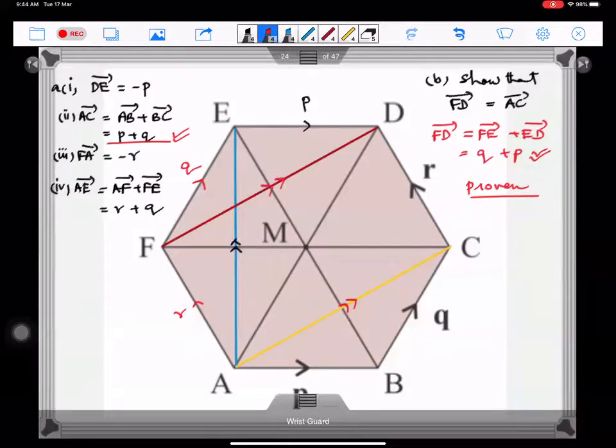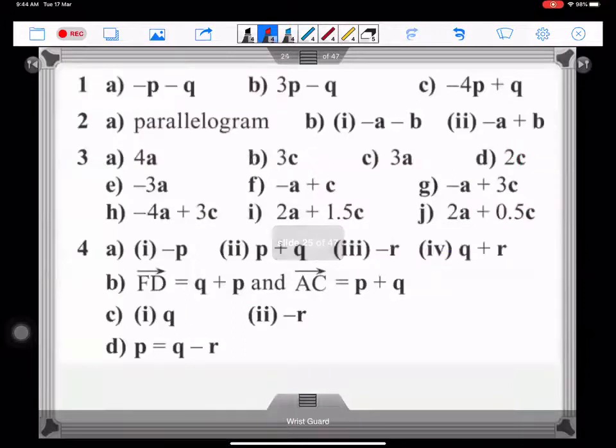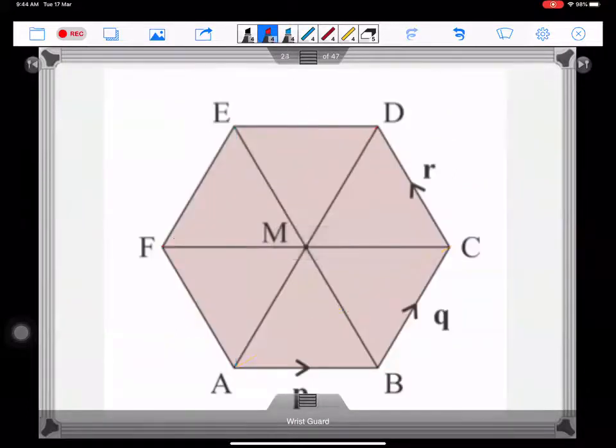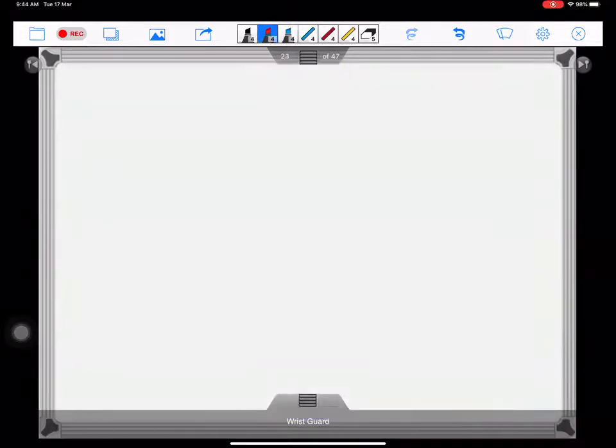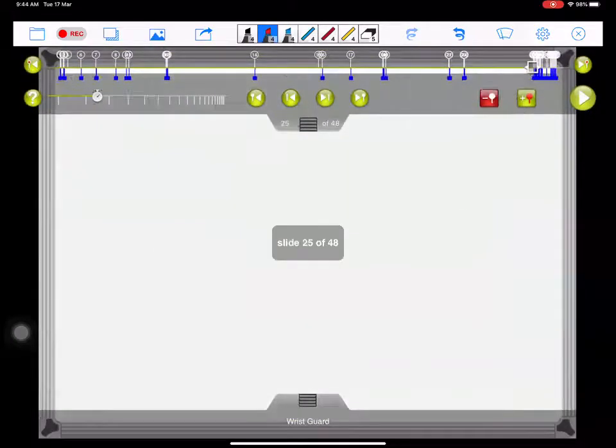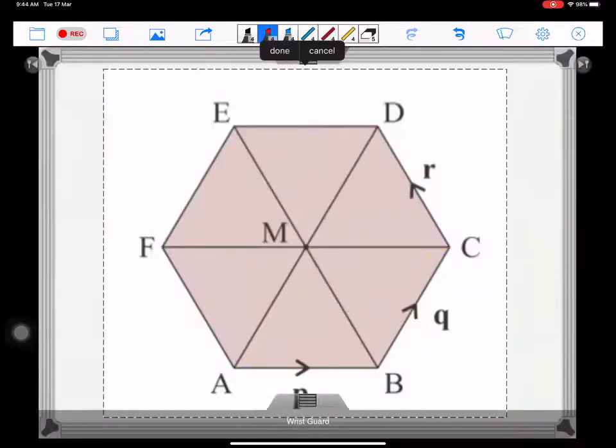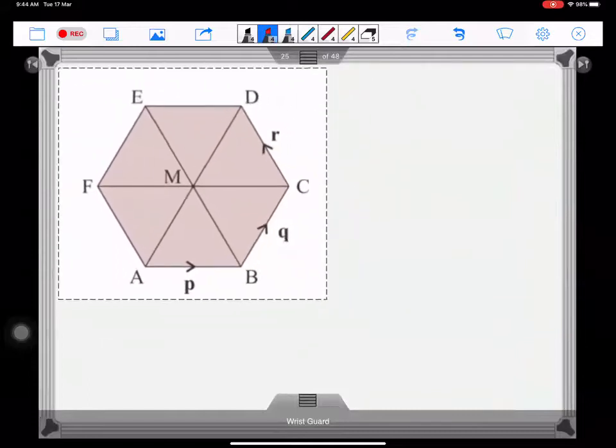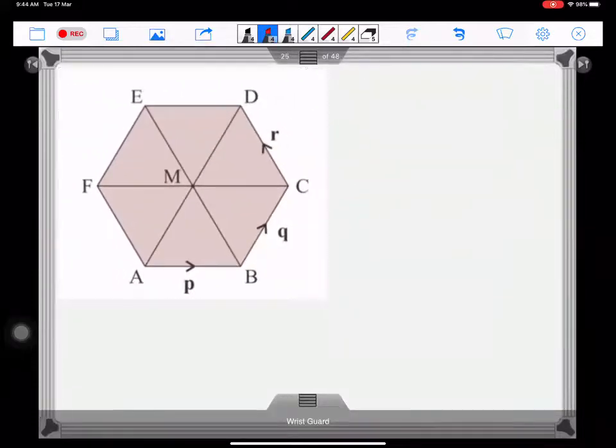Done. Now it says, write down in terms of Q and R. Let me move to the next page. They are asking, in terms of Q and R, part C, that is AM.